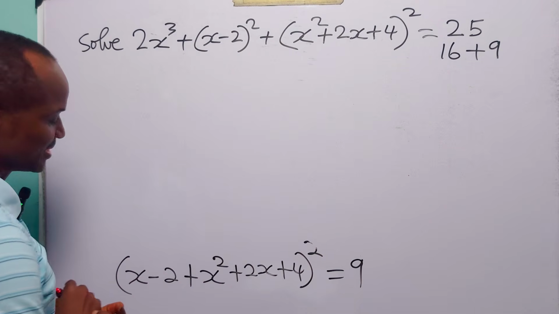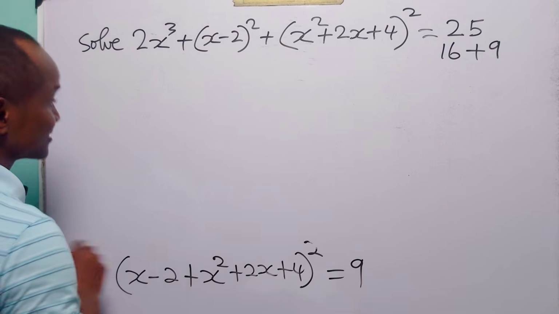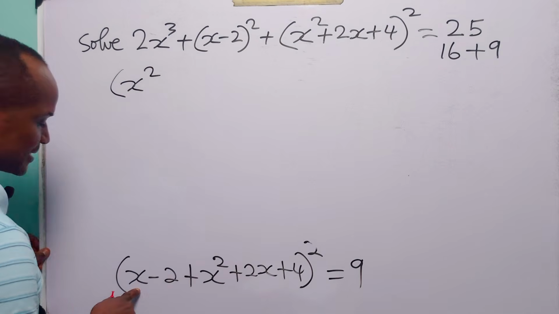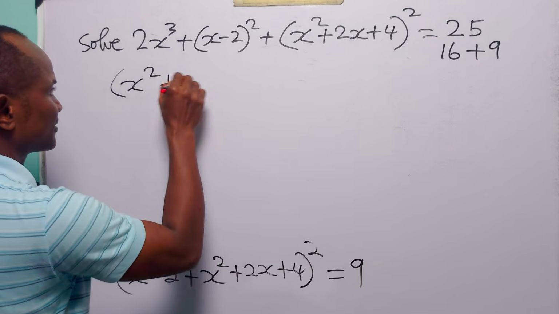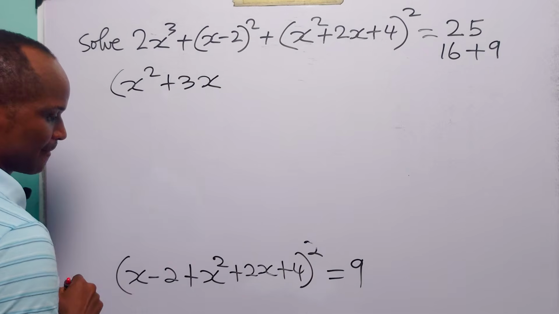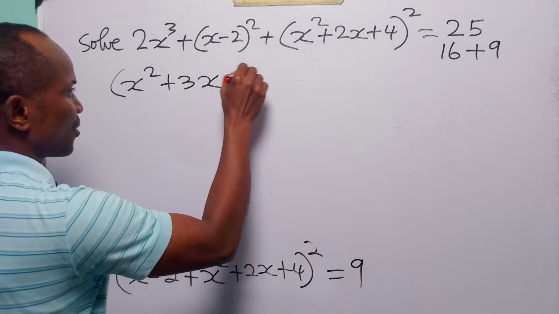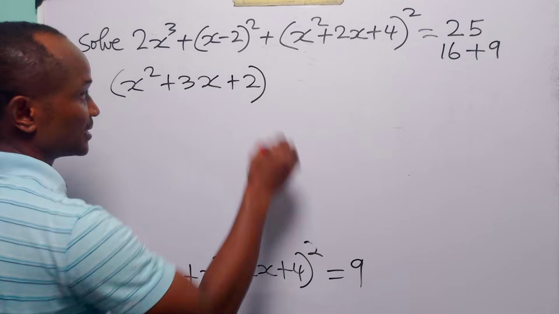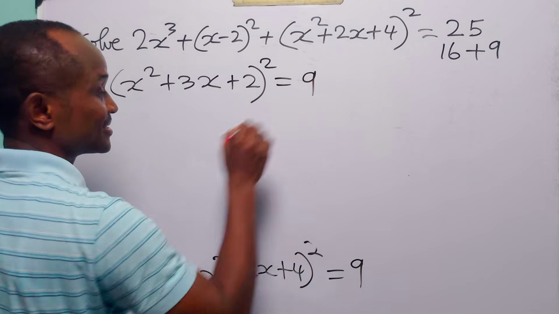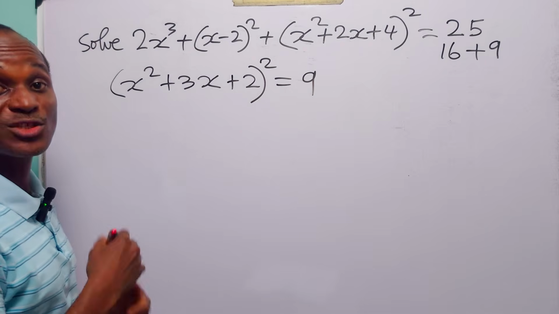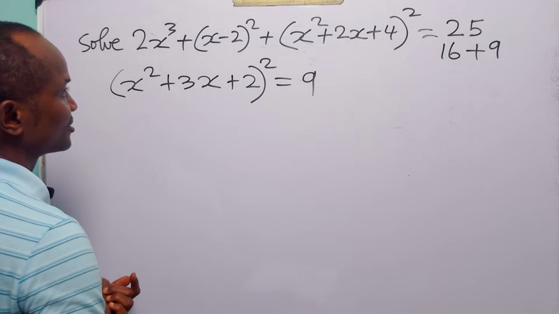Now let us tidy up this equation. We have x squared, 2x plus x is 3x. Then we have 4 minus 2, which is equal to 2. This is squared and is equal to 9. And of course, now we take the square root of both sides of the equation.